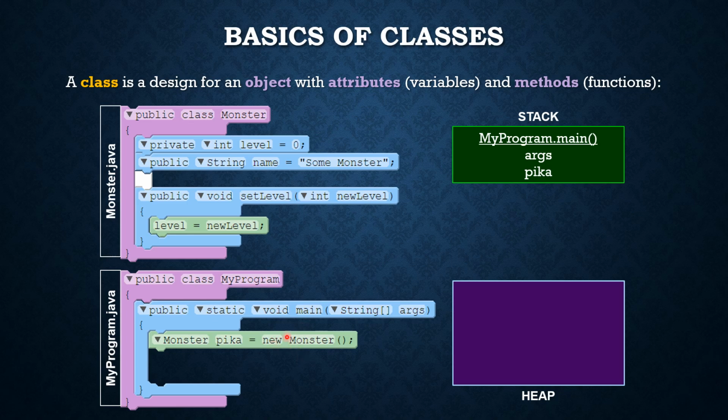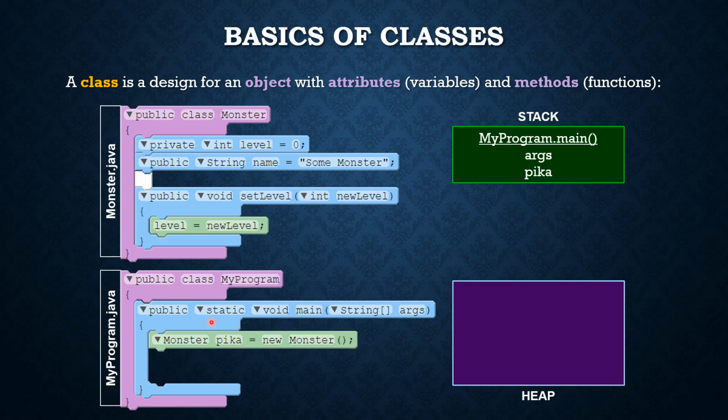So what the new keyword did was allocate 10 spaces of memory when defining a new array. But in this case, with the new keyword, we are calling a monster type constructor. We are going to discuss constructors very soon, but we are creating a monster type object.